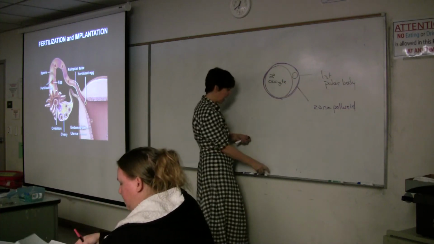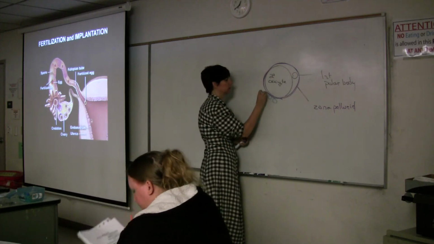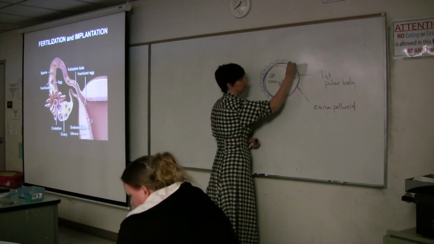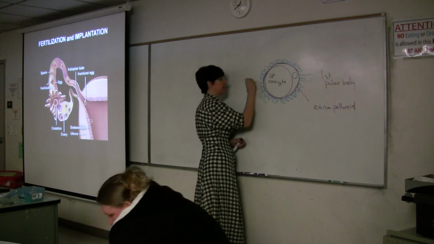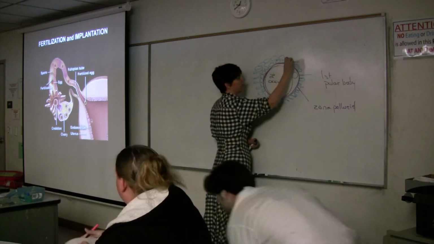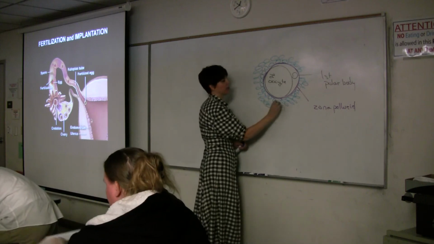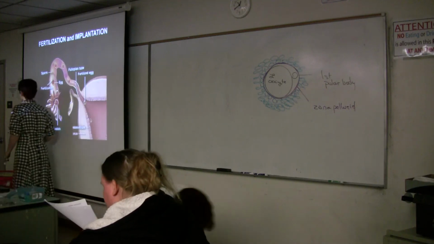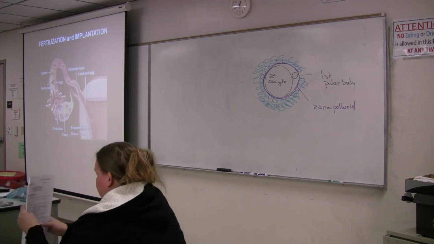And then we would have the corona radiata, and additional follicular granulosa cells around that. So that's what is going to be released when the mature antral follicle ruptures and the fimbrium moves close to the ovary and takes it up.